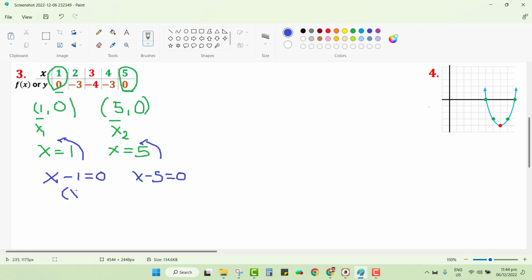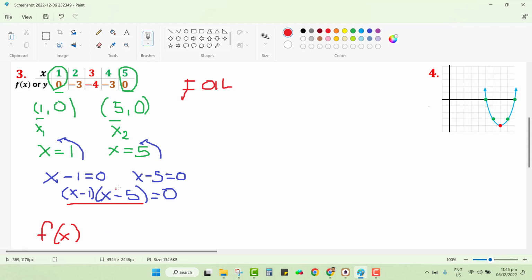And the two binomials are x minus 1 and x minus 5 equal to 0. We have two binomials, so we use the FOIL method here, and whatever the result will be, that's the representative standard form of a quadratic function.